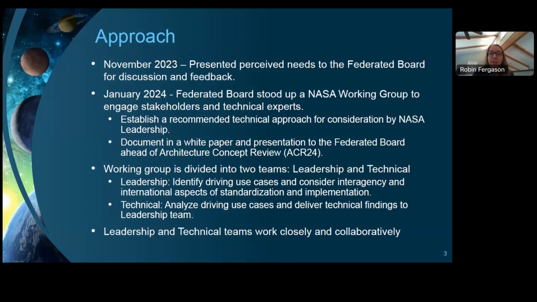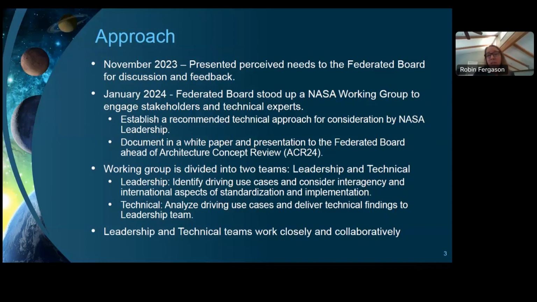The tasks given to us by the Federated Board include establishing a recommended technical approach for consideration by NASA leadership, and to document this approach in a white paper and a presentation to the Federated Board ahead of the architecture concept review.